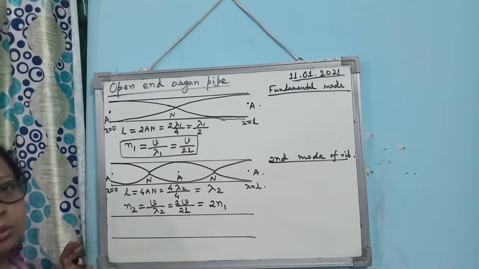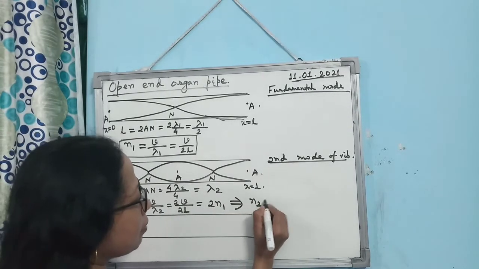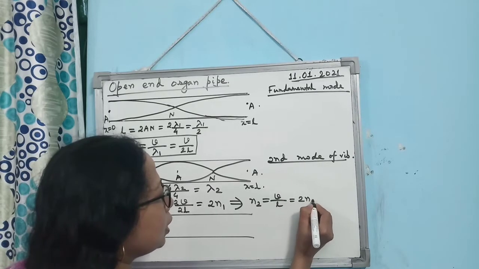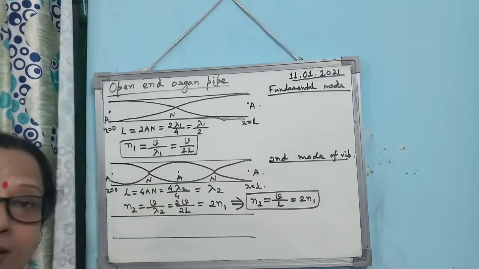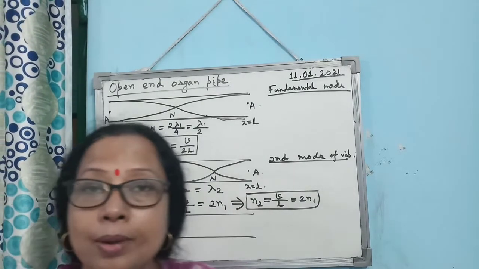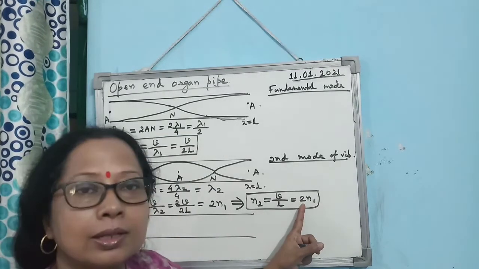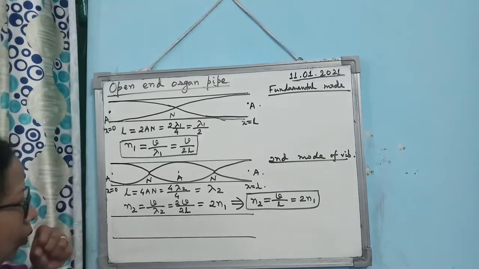N2 is equal to 2N1. This is the relation you have to remember: N2 is equal to V by L, equal to 2N1. In the previous case we got the second mode of vibration as the third harmonic, an odd harmonic. But here we have got the second harmonic, an even harmonic.